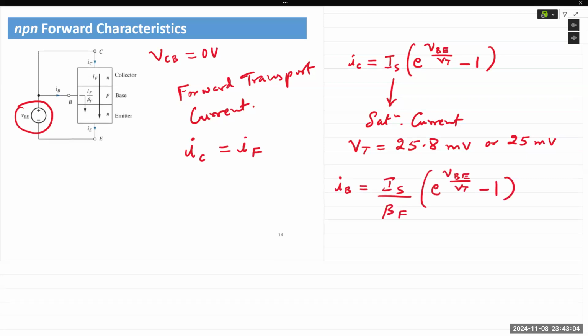Now, beta we already described is the current gain, and here beta F is the forward common emitter current gain. Okay, current gain.